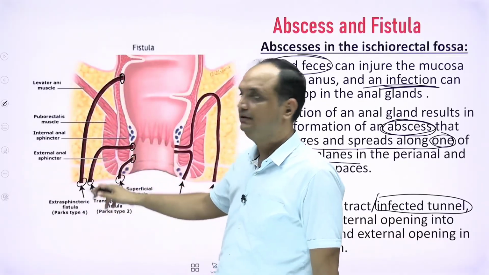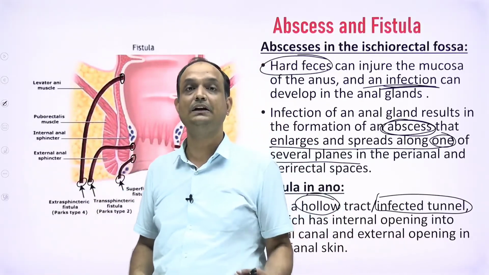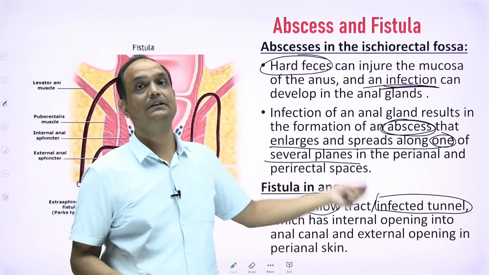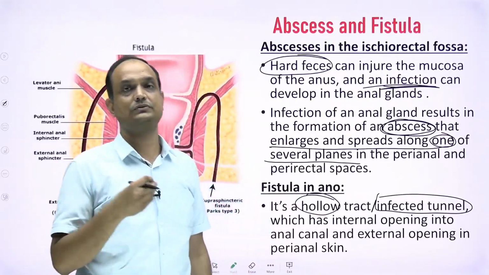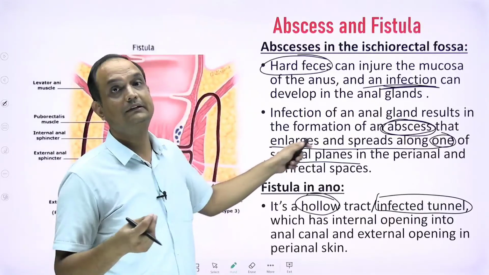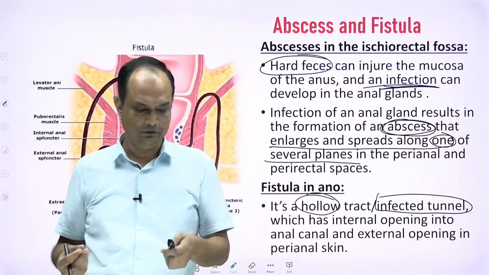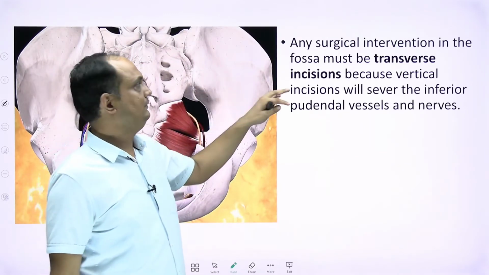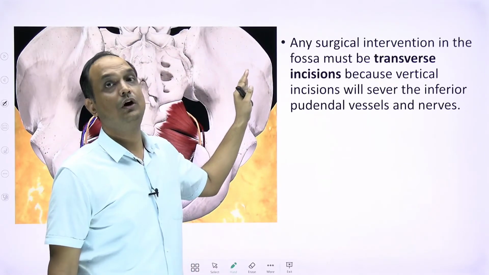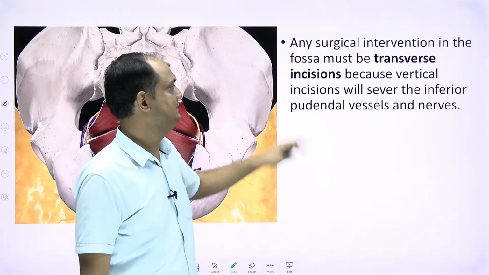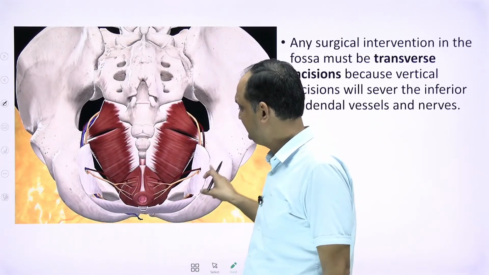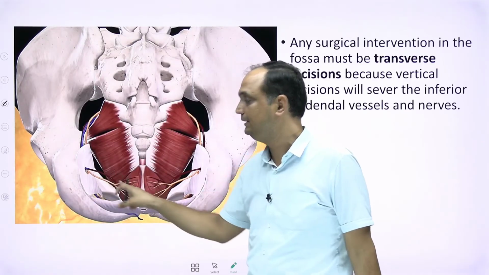And these are actually the complications of abscesses. So what is the abscess? Abscess is an infected anal gland, which arises because of injuries of the mucosa due to persistent hard stools. For any surgical intervention in the fossa, you should always place transverse incisions. Why transverse incisions? Because you know that the vessels and the nerves are present in the fossa.